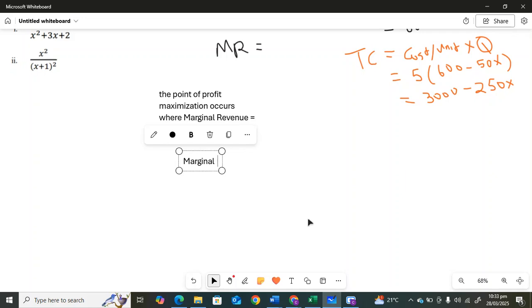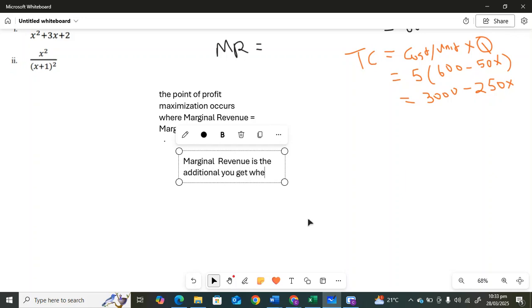So marginal revenue is the additional revenue you get when you sell an extra good.